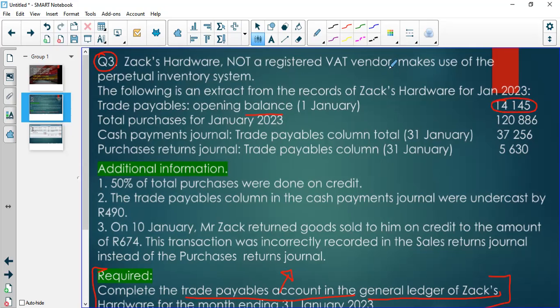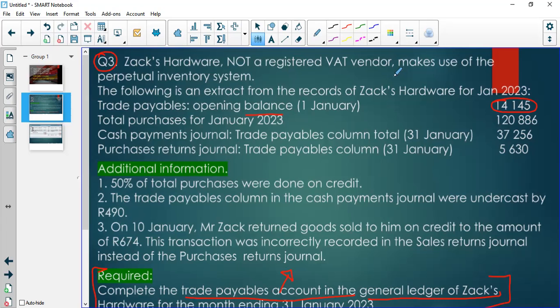Now trade payables is a liability that increases on the credit, so it will have a credit balance, right? Generally, so that's generalizing, that's the rule, all right, but it can have a debit. But remember, everything that increases on the debit is assumed to have a debit balance.